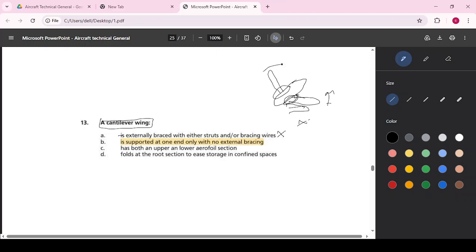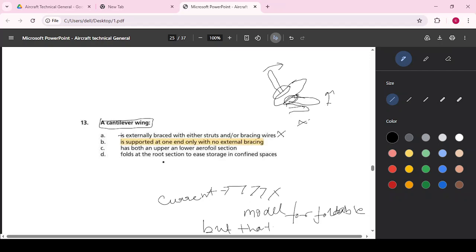Now there is currently the 777X model for a foldable wing, but that wing is also not foldable from the root section, so we cannot say D is a correct answer. So B is the correct one.